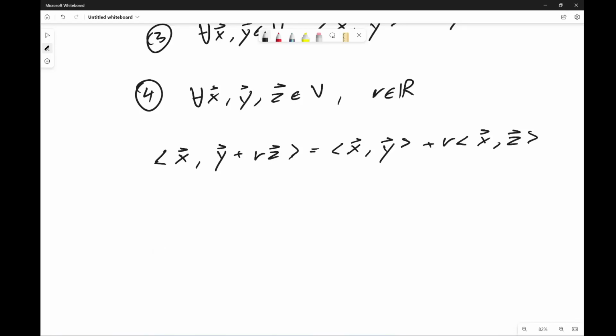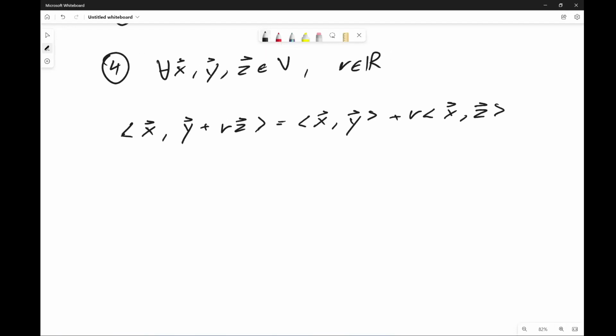You may be thinking, what kind of witchcraft is this? We actually did two things at once, where we took out this scalar and we split the vectors. So if we just wanted to work with scalars, it would be the inner product of x and ry is just equal to r times the inner product of x and y.